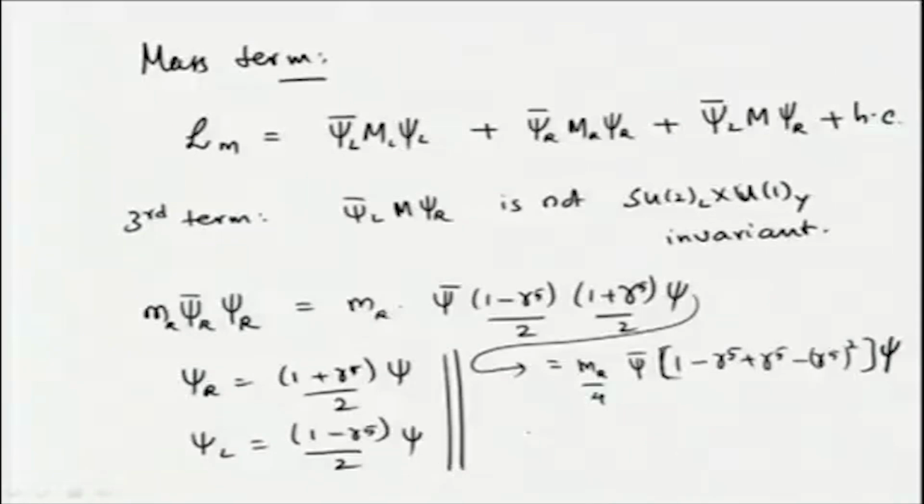Gamma 5 square is equal to 1. That makes this psi R bar psi R equal to 0 for any psi. This is equal to 0. So, we cannot have a term like this possible.